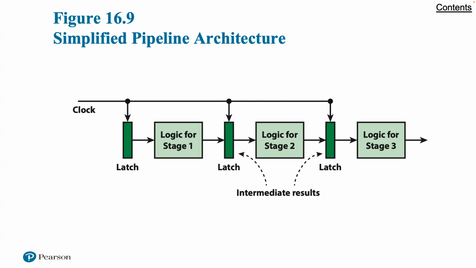However, if we look more closely at this pipeline in Figure 16.8b, so you can look back at that, we will see that this doubling of execution rate is unlikely for two reasons. First, the execution time will generally be longer than the fetch time. Execution will involve reading and storing operands and the performance of some operations.